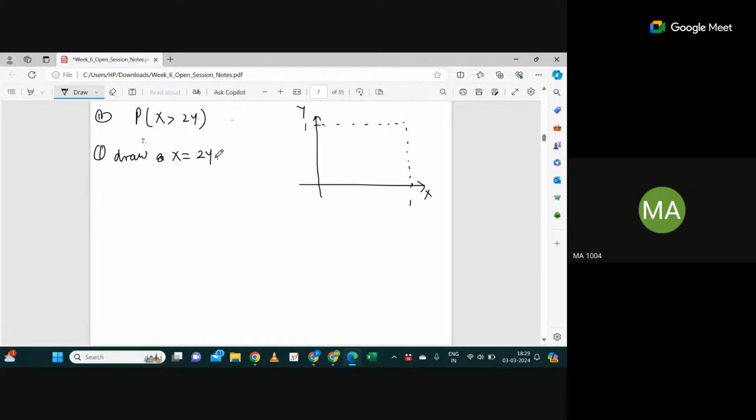Somewhat x equal to 2y will be like this. Here the scaling should be proper. So x equal to 2y will be a line like this, yes or no? So x greater than 2y region will be what? Upper one or lower one? Lower one, correct.